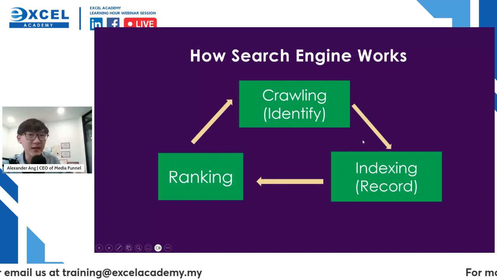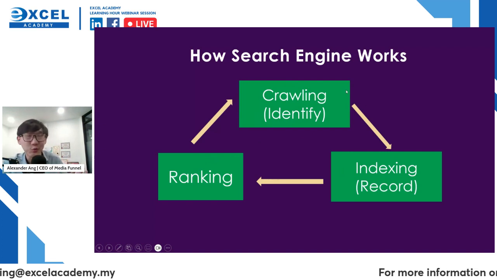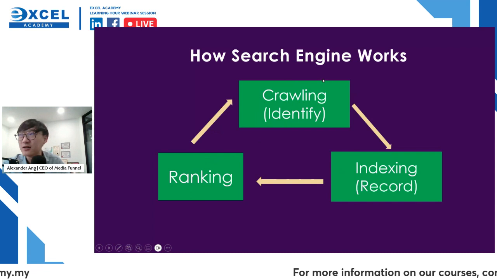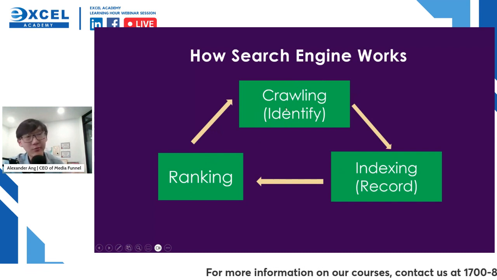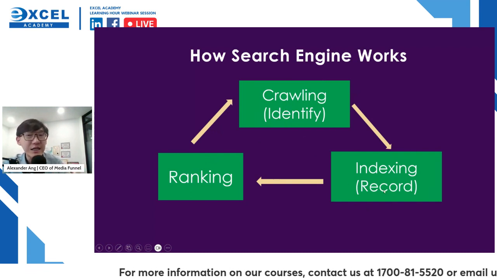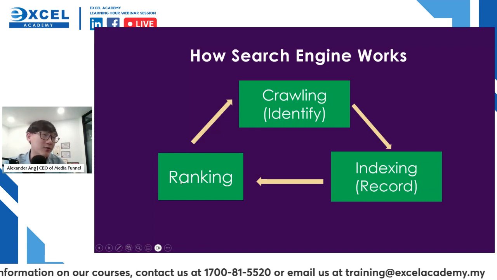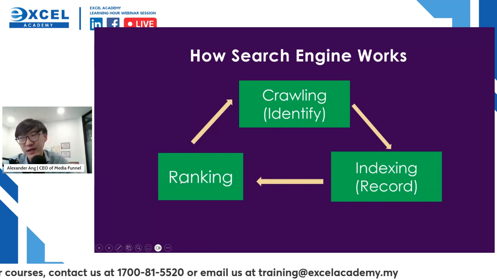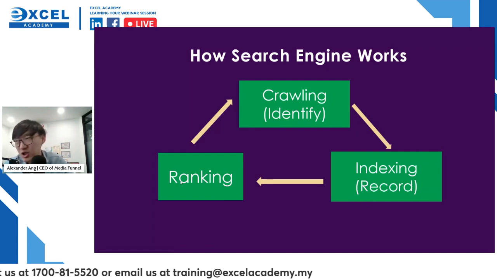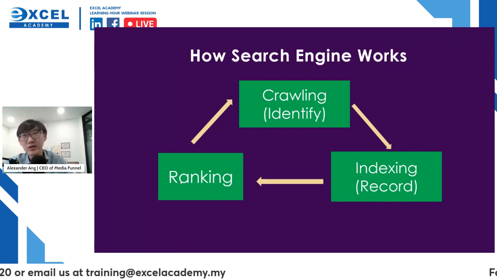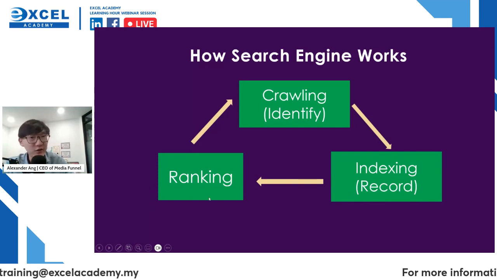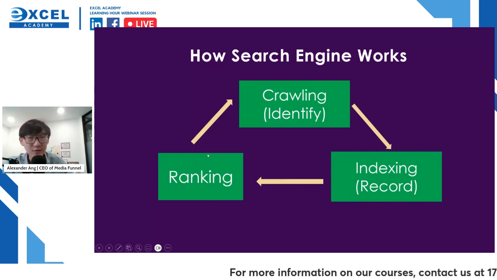How can we make it easier for the search engine to come to us? And how can we make it easier for them to do indexing? All right. So ranking is about content. Your keywords are relevant, your meta tag, your description, your image title, your headings, all these are relevant to the person so that it will rank you.